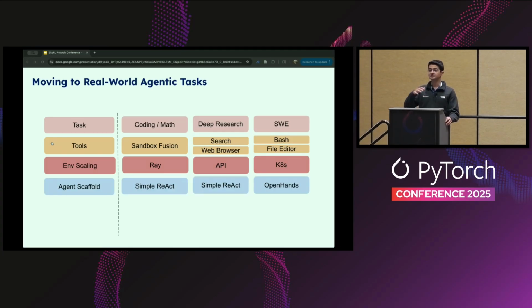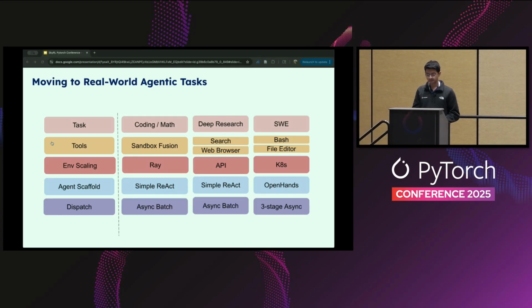There are differences even in the agent scaffold that you might use for these tasks. So you might use a simple ReAct agent scaffold for the coding, math, or deep research tasks, whereas for the Suite task, maybe something more specialized, like the OpenHands scaffold. There are also differences in dispatch, and by dispatch I mean how exactly you handle scheduling and executing a large number of trajectories concurrently.